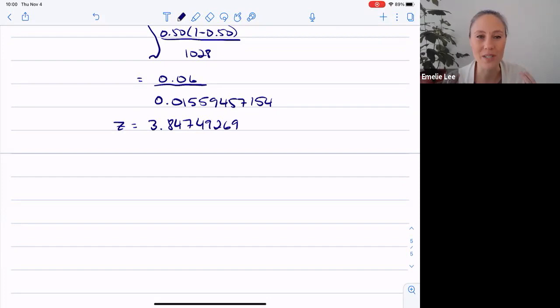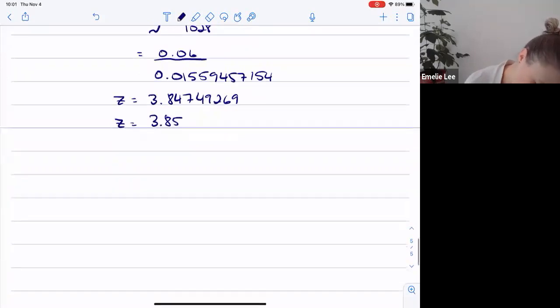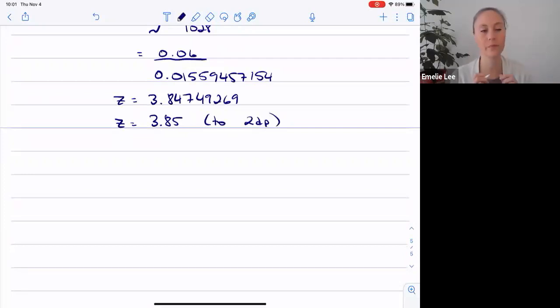We round Z to 2 decimal places, because our Z table can only handle 2 decimal places. So Z is 3.85 to 2 decimal places, if we're using the table, which we are. We already know from using the Z table before that it maxes out at 3.49.